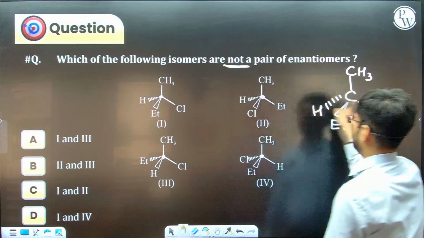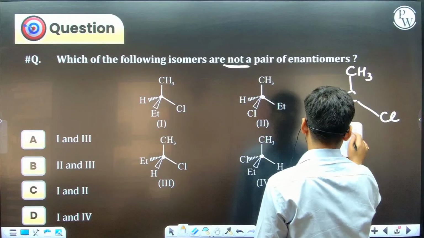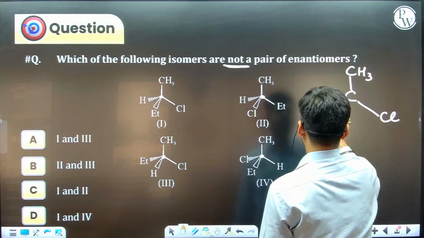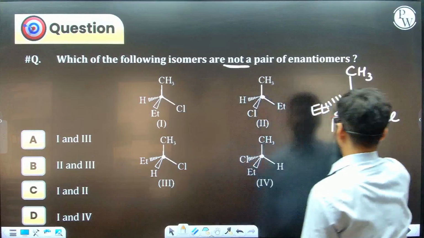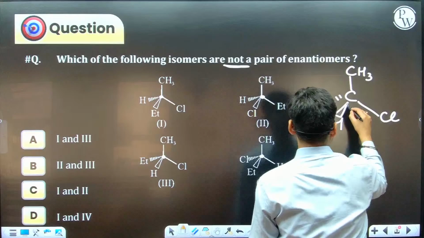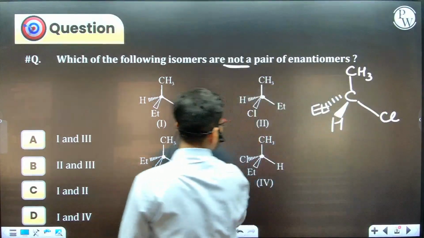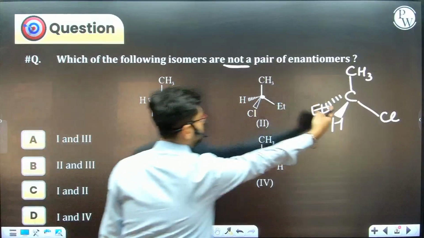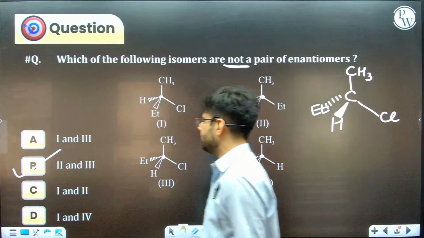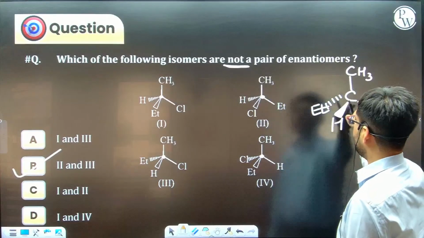Now these 2 are enantiomers, but again if I perform another swap between Et and H, so let's say here I have H, and now here I will have Et. Now I will say these two are identical to each other. Isn't this same as third? This is third. So 2 and 3 are identical. That means they are not enantiomers.